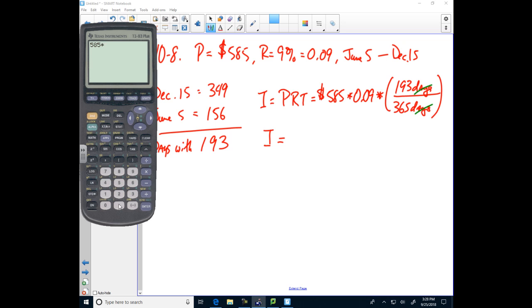$585 times 0.09 times the quantity 193 divided by 365 this time. So what'd y'all get? $27.84. Maturity value equals P plus I. So that's going to be 585 plus 27.84.